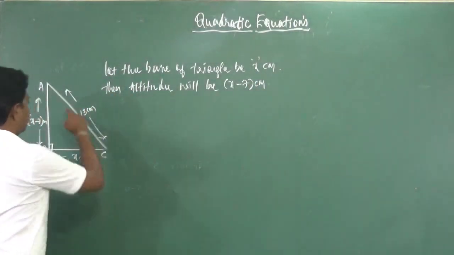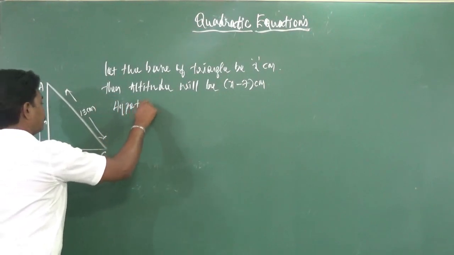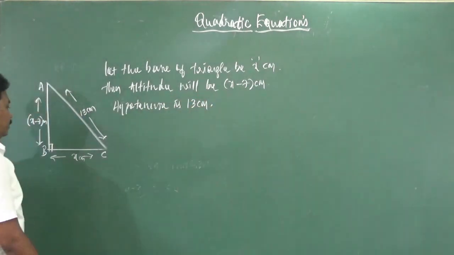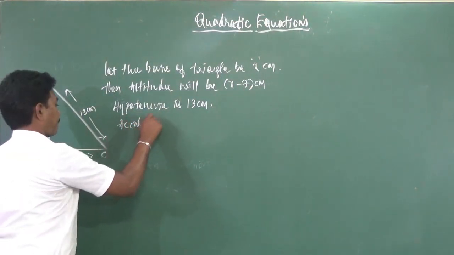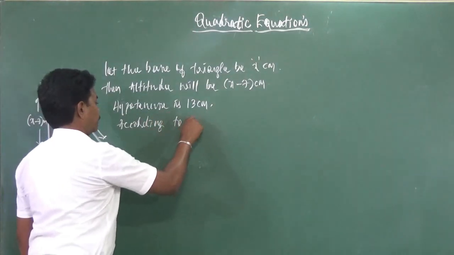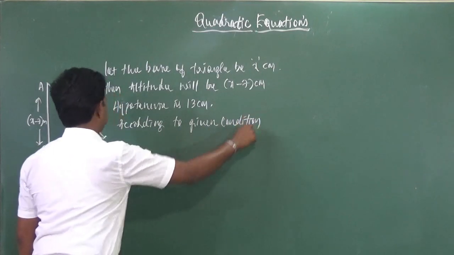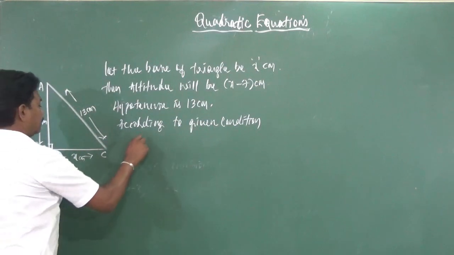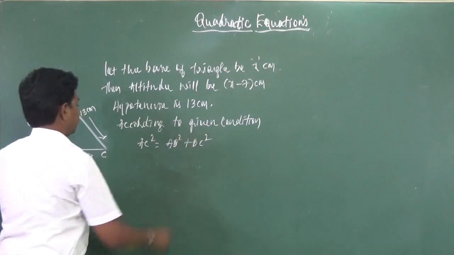Now the hypotenuse is 13 centimeters, and you have to find the other 2 sides. According to the given condition, AC square is equal to AB square plus BC square. This can be done.